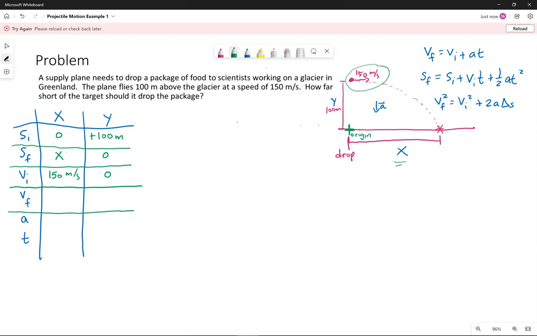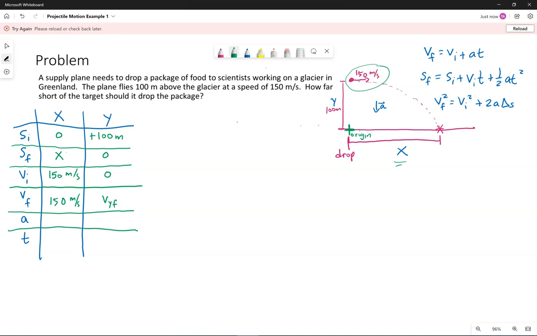We do not know the final velocity. Technically, we do know the x component is still going to be 150, but v y final we don't know. That represents how fast this package of supplies is traveling downwards right before it hits the ground.